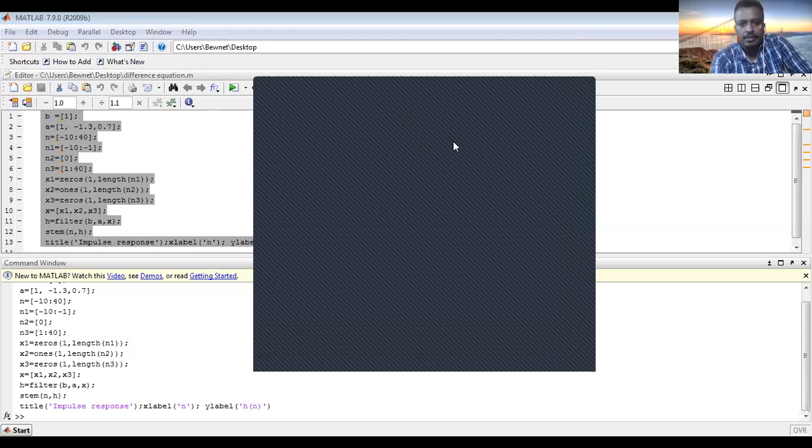This is the impulse response. As you can see, the title is impulse response, the x-axis is time n, and the y-axis is h of n. This is h of n, the impulse response.